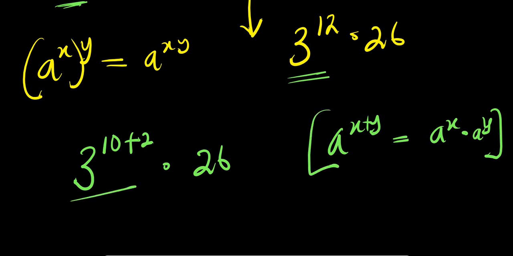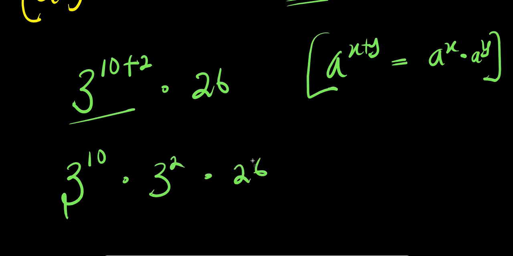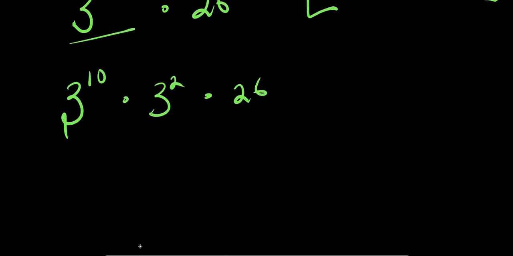Applying that here, I have 3 power 10 times 3 power 2 times 26. So this will simply give us 3 power 10 times 9 times 26.